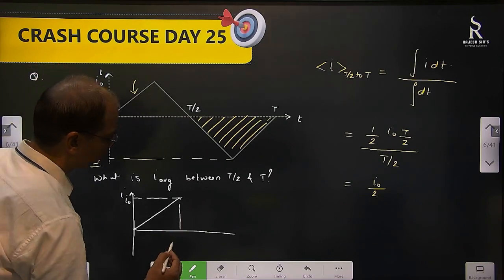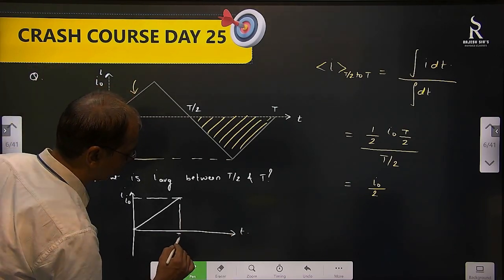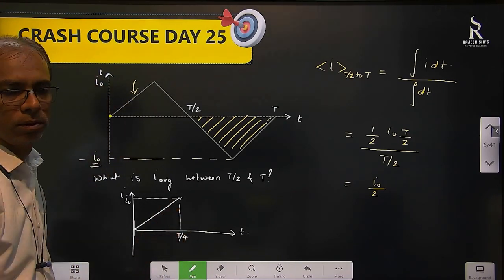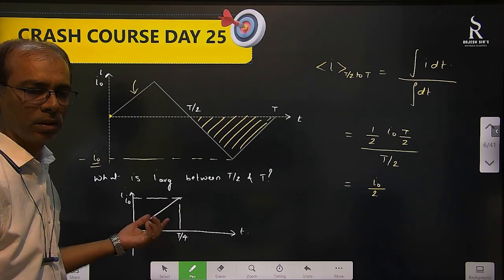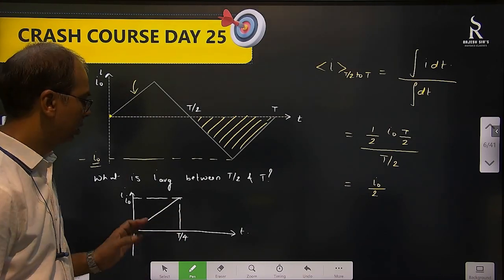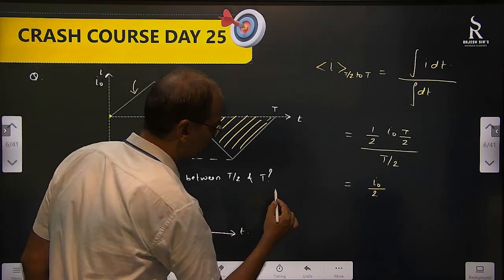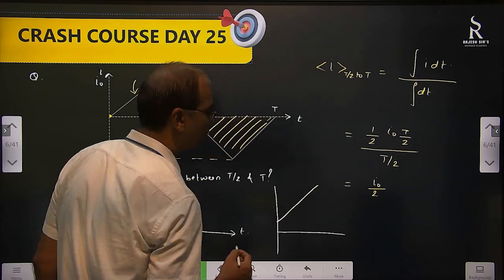This is here T, and here maybe T by 4. And they say find its average value itself. Then what will you do? How to find? This we can say is area again, area of the triangle. But in place of this, if it's given in this way, like this, now what to do?